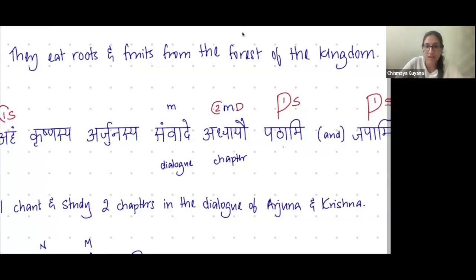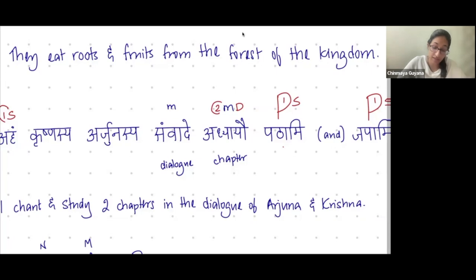So now this word means two chapters. It doesn't mean we two. It doesn't mean you two. It means 2 chapters. There's no person being talked about here. So I study and chant 2 chapters. So far, so good. Then what kind of chapters?